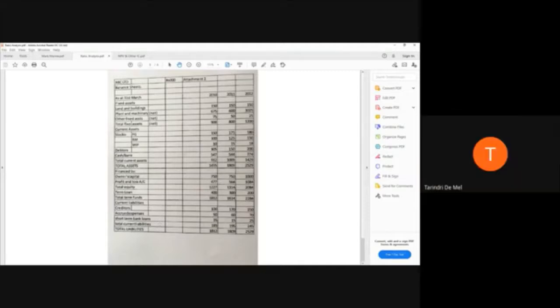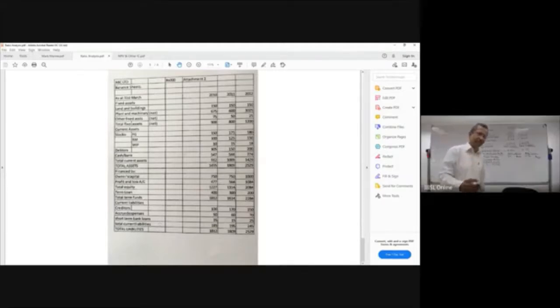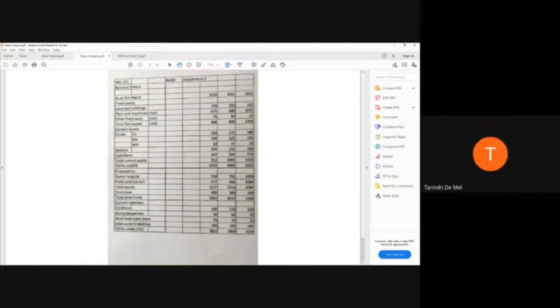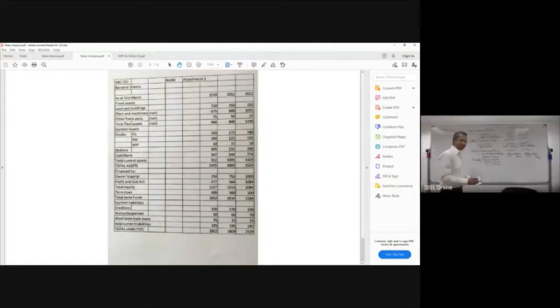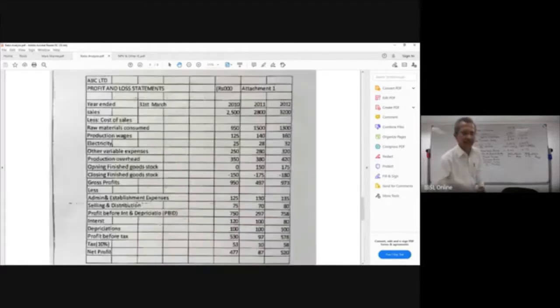Now here, from the profit and loss, we can't find out whether these are credit sales or cash sales. So we assume that everything is credit sales. So credit sales is 2,800, and the next year is 3,200.